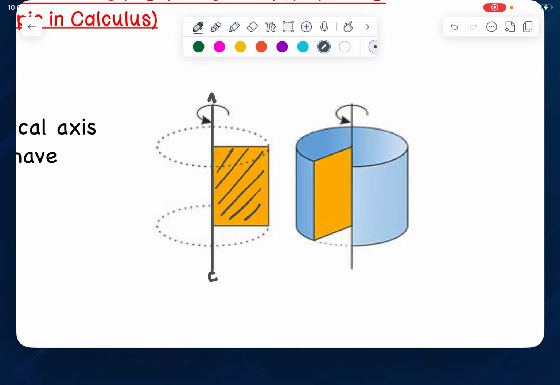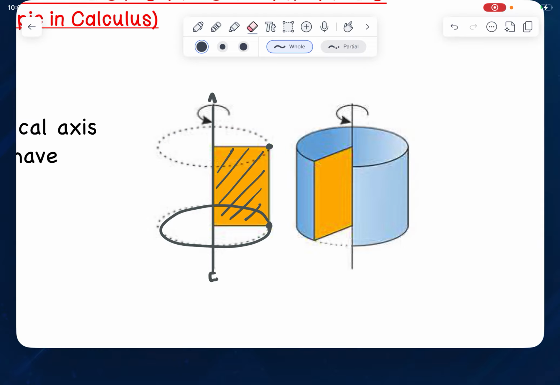Because I'm rotating it, the furthest edges away from my axis are going to be spinning around in a circle, and therefore the rectangle is going to turn into a 3-dimensional circular solid, which would turn into a cylinder, which is what we are looking at on the left side, right?